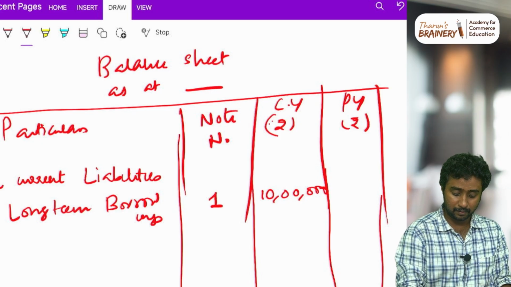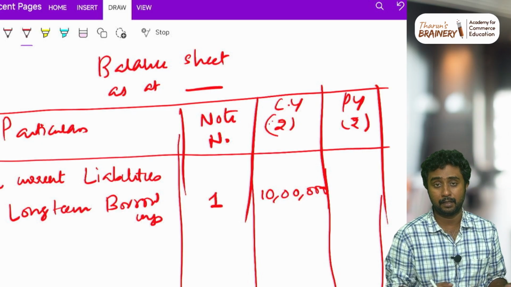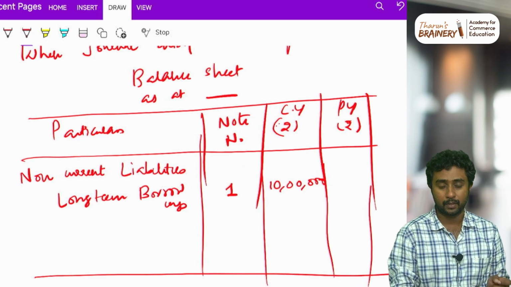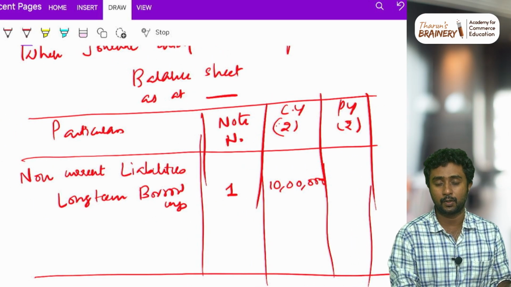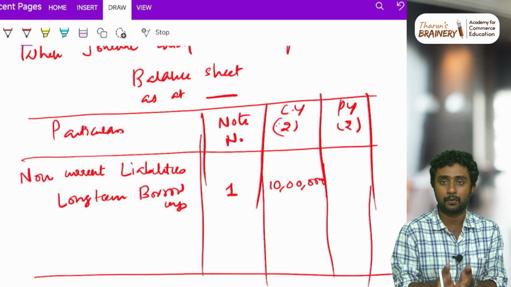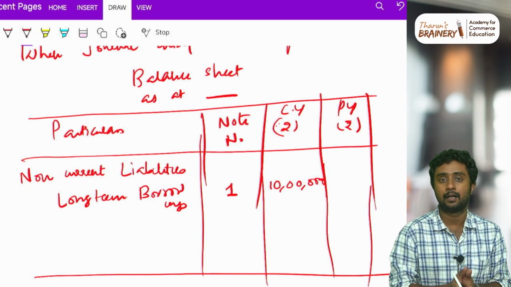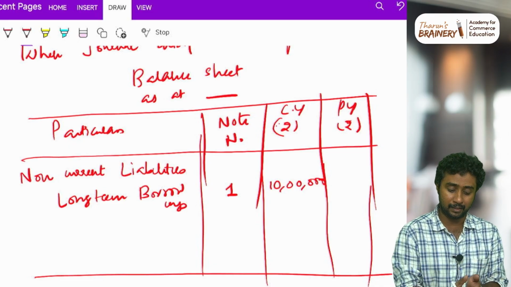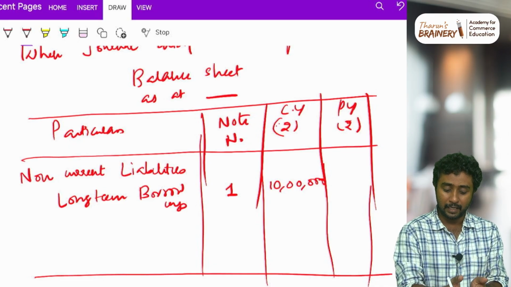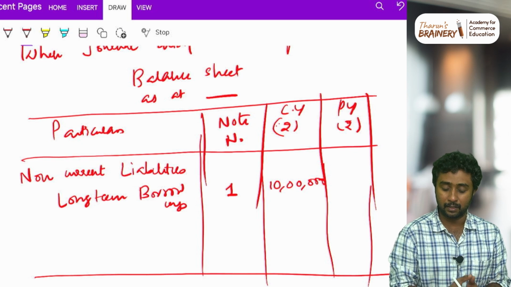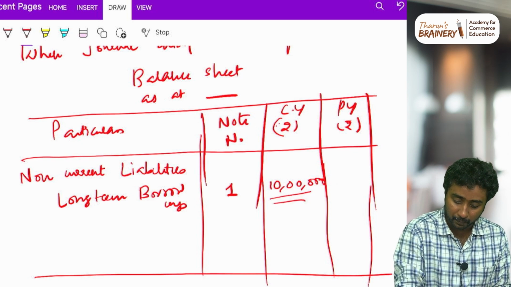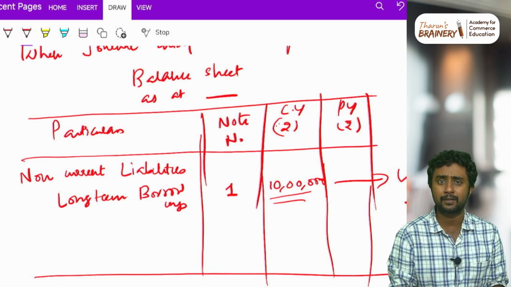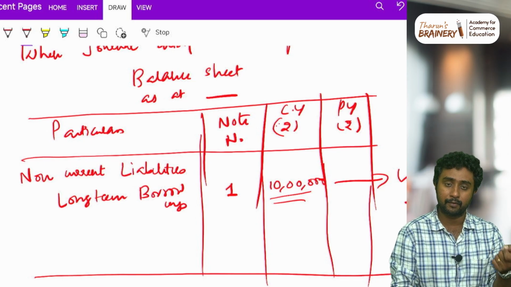They may not say exactly, okay, show the balance sheet. So when they say, when the journal entry is not passed, show the accounting treatment for recording these debentures issued as collateral security, the first thing you have to do is draw a balance sheet, write non-current liabilities, under that write long-term borrowings, and under note number 1 show the loan amount. Always remember, we will show only the loan amount, not the debentures amount. Only the loan amount we have to show here.